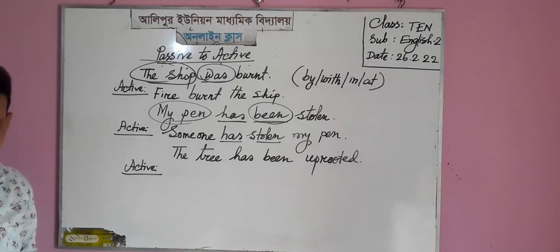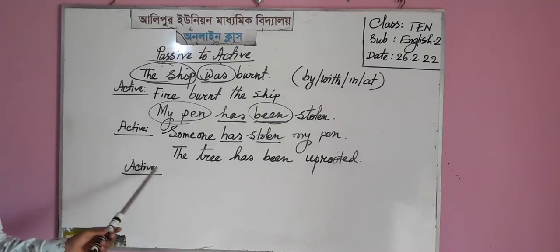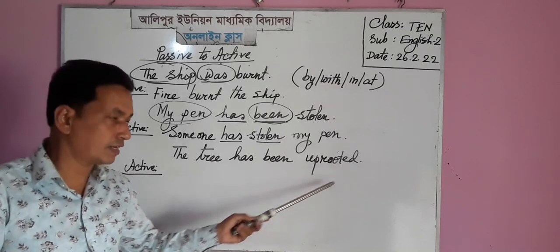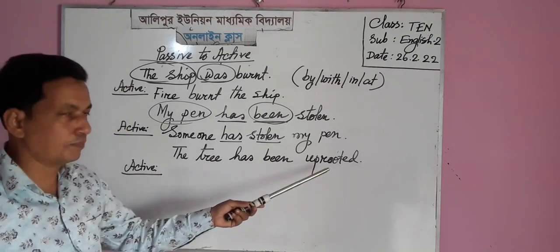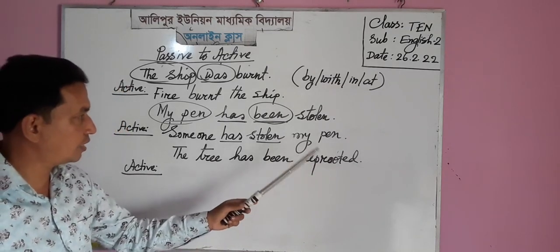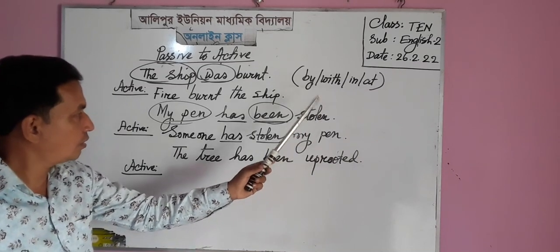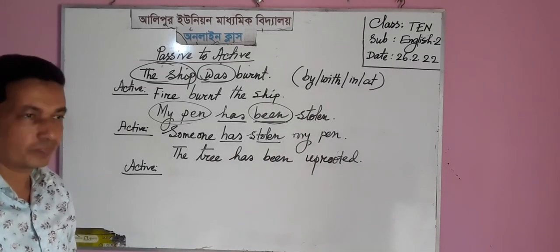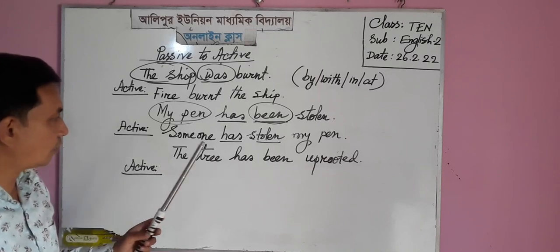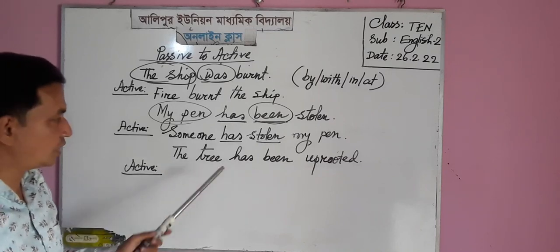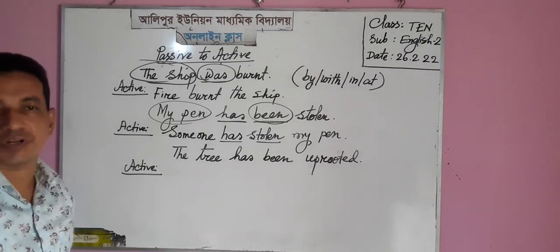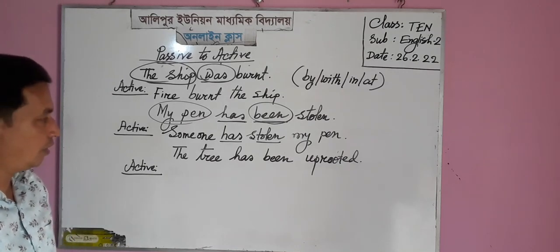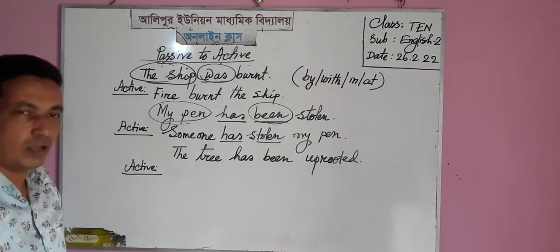Dear students, the tree has been uprooted. This is an example of present perfect tense, and it is also passive voice, as in the second example. And what can I do for this voice? The tree has been uprooted. By which was the tree uprooted?